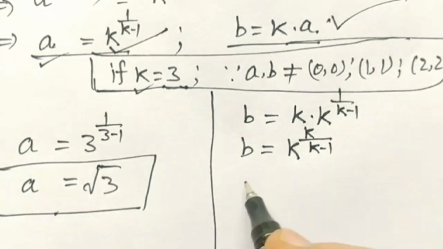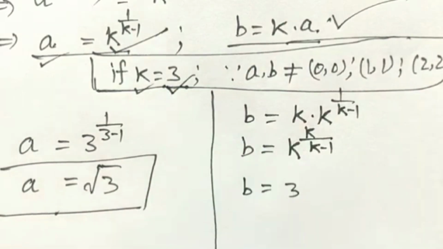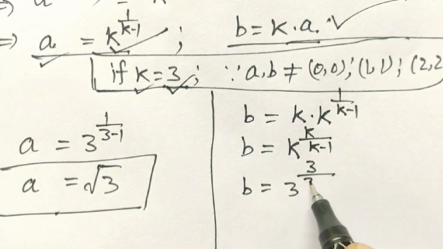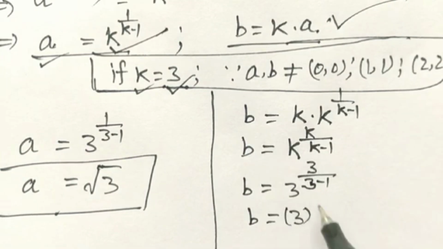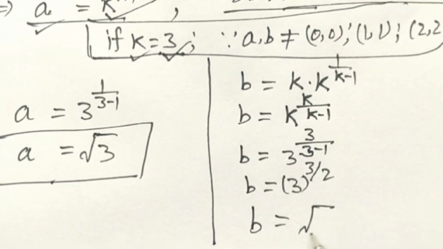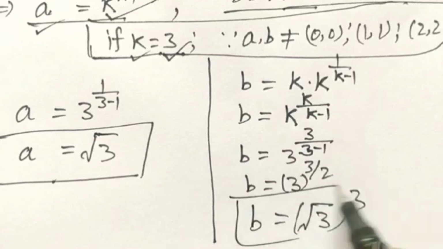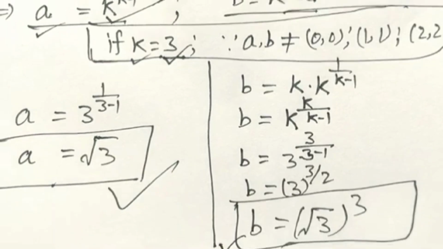As we are taking k as 3, b is 3 to the power 3 over 3 minus 1. So b is equal to 3 to the power 3 by 2, or b is equal to square root of 3 cube. So a is equal to this and b is equal to this.